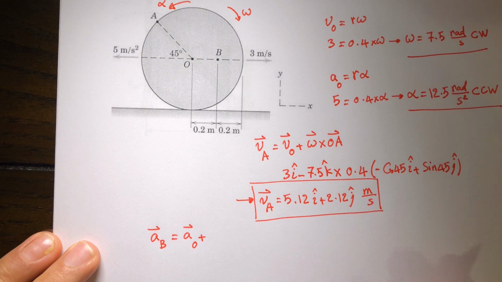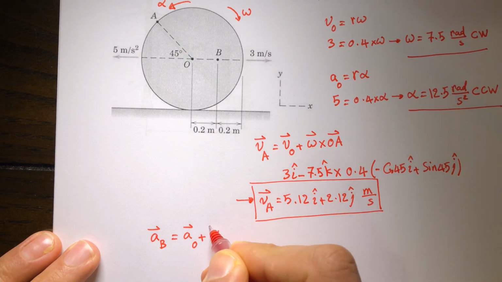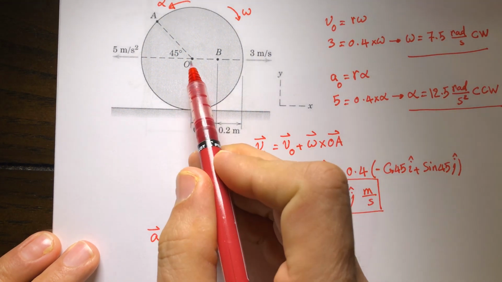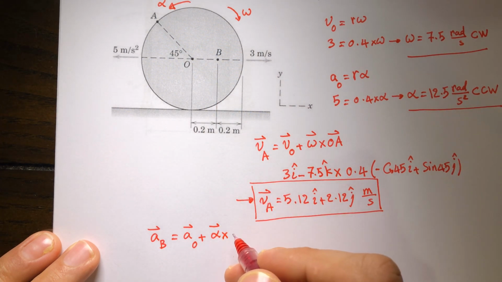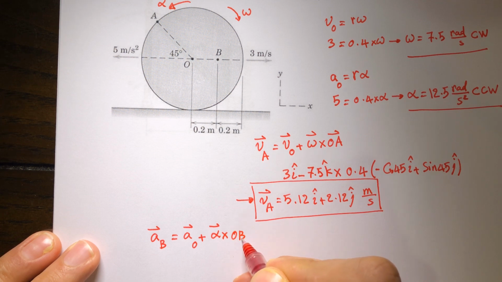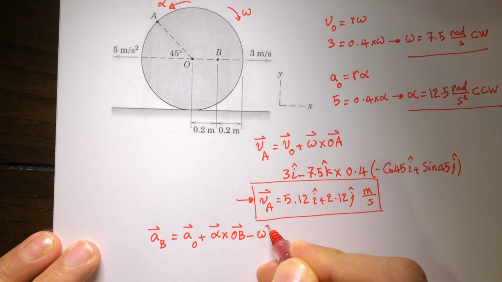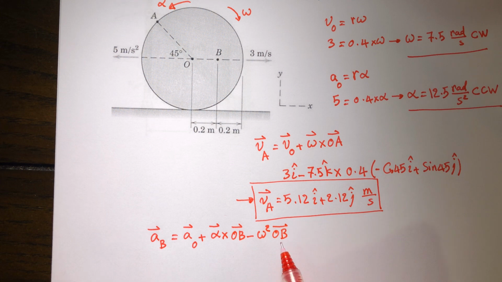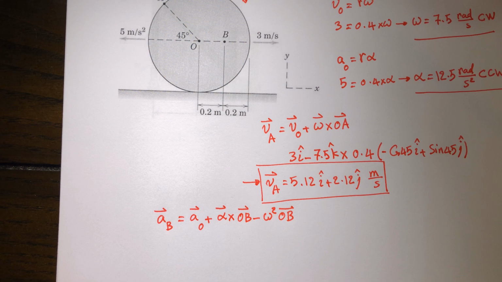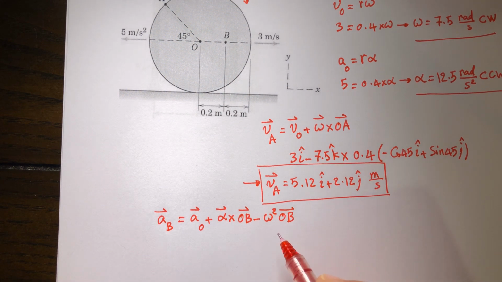It has two components, alpha cross OB, plus omega cross omega cross OB, or negative omega squared times OB. So we know what is OB in a vector form. We have omega, we have alpha, so we have everything here. So we can just replace everything here to find the acceleration of B.